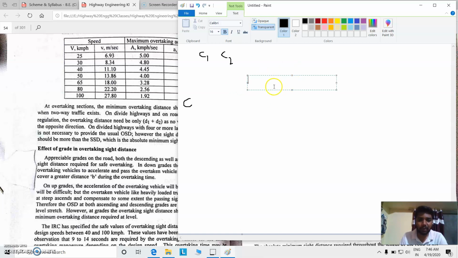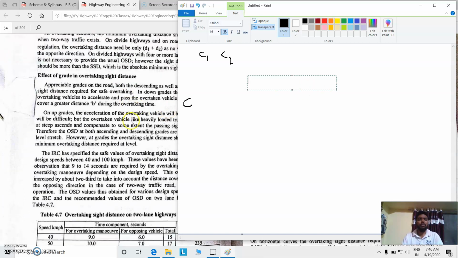Whenever you calculate the overtaking sight distance, that will give a certain value in meters. We cannot provide whatever calculated value in the actual field. For that reason, some recommendations are given on overtaking sight distance by the Indian Roads Congress.